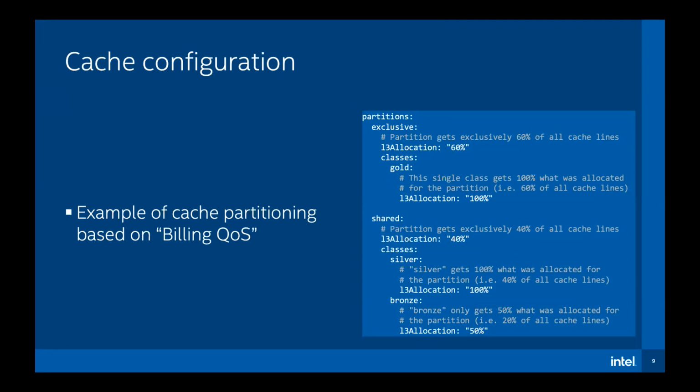So three levels of SLA or QoS: gold, silver, and bronze. Gold would get like 60% of all cache lanes exclusively, and then the other two classes would share the rest of the 40%, with bronze only getting 50% of that.